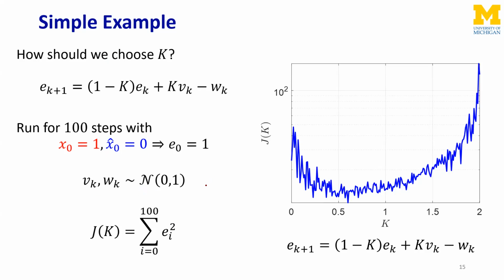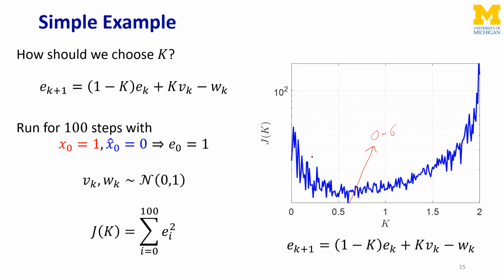The statistics of the noise are going to be the same, but specific values are going to change. So anyways, you kind of see that the gain which gives you the smallest error value, or rather error squared over the first 100 steps, is about 0.6.